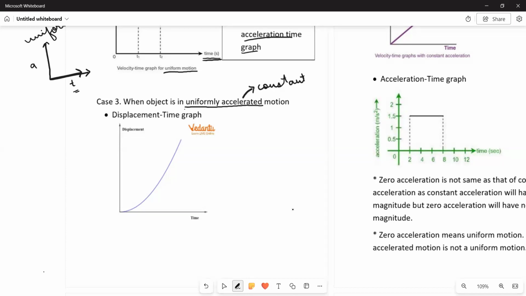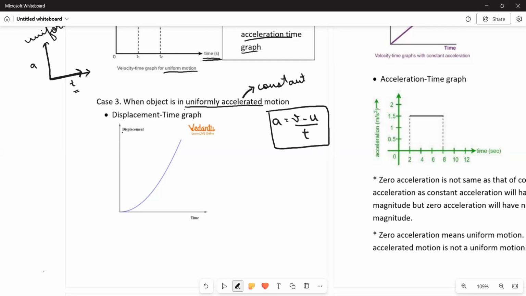We have seen that the formula for acceleration is final velocity minus initial velocity upon time, the rate of change of velocity is called acceleration. And as there is a change in velocity, there will be a change in the rate of change of displacement.